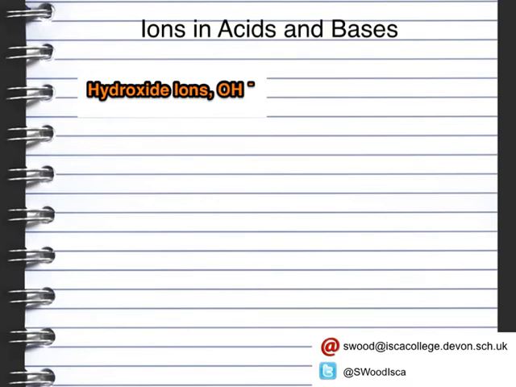In one of the equations we looked at earlier, we had potassium hydroxide, and that meant it contained an OH minus ion. If we look at the formula of potassium hydroxide, it's K, and then we've got the OH, and it's the OH which is our ion that we're interested in.